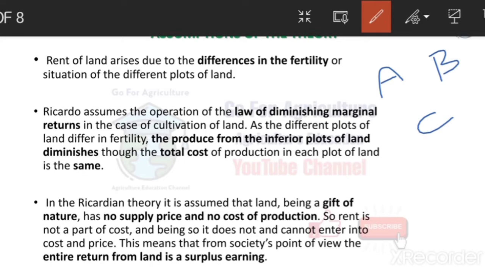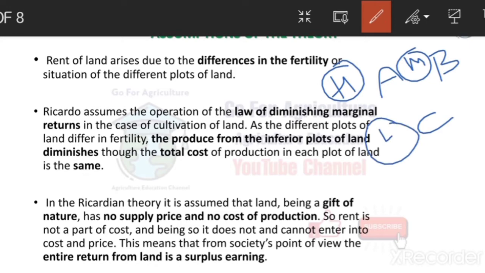Land A has higher productivity, land B has medium, and land C has a little lower productivity. Among these three lands, which land would you think will have a higher rent? Of course, the one with the higher productivity, land A.